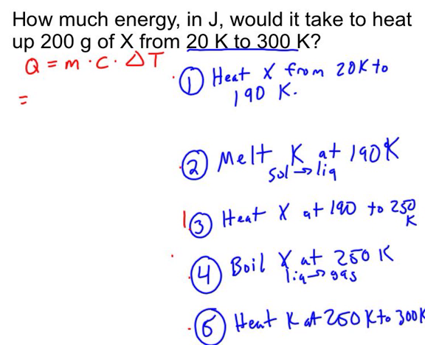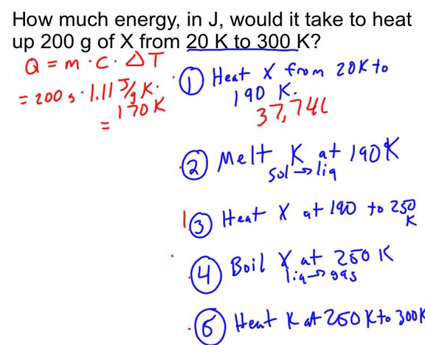So this is going to equal 200 grams times the specific heat of the solid, 1.11 joules per gram Kelvin, times it's changing from 20 to 190, so that is 170 Kelvin. 200 times 1.11 times 170 is about 37,740 joules. So that is how much heat it takes for the first phase.